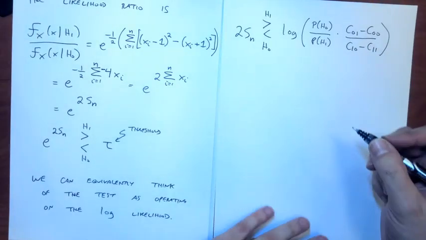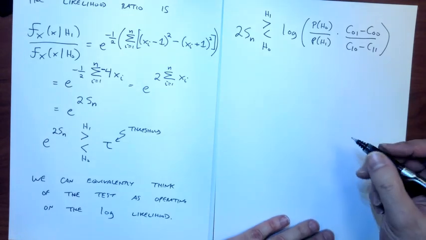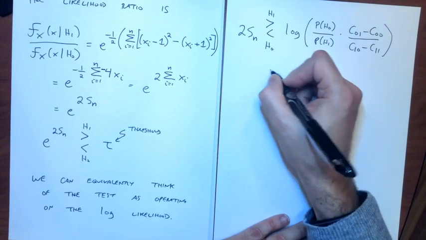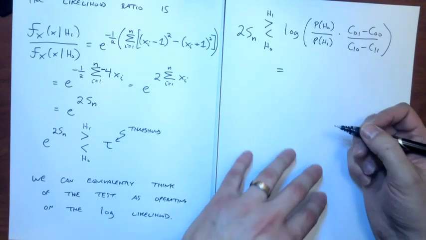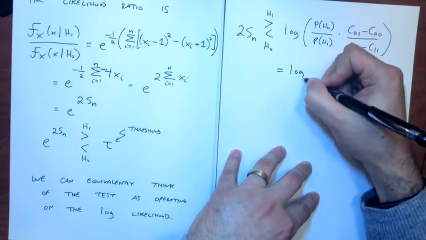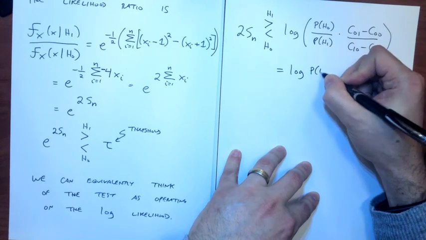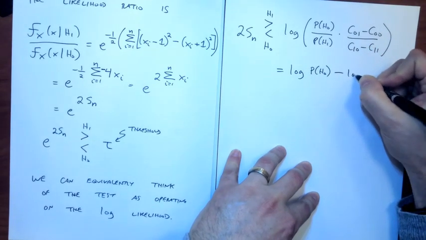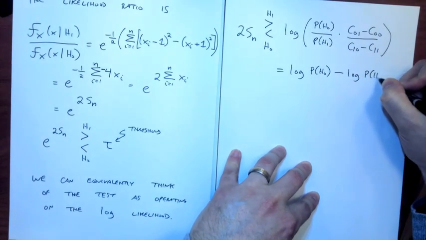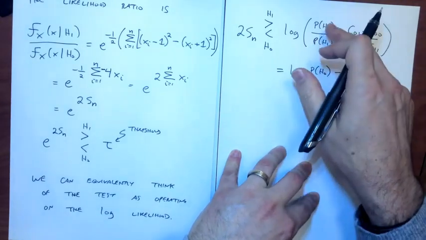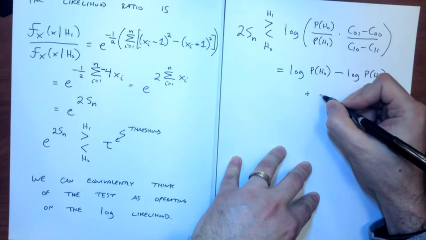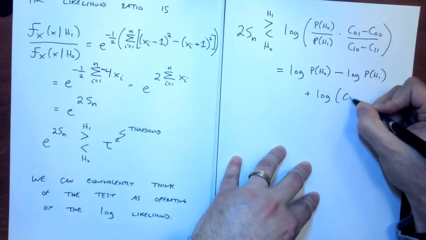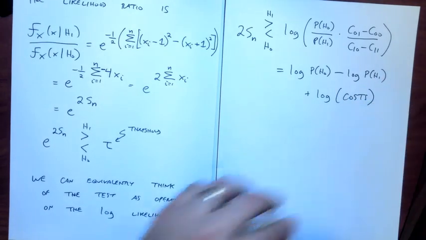And if I were to make this a little bit easier, breaking up stuff with the rules of logs, right? I'm just going to say I've got this minus this, and then I have plus some other junk, which is the log of the costs and stuff.